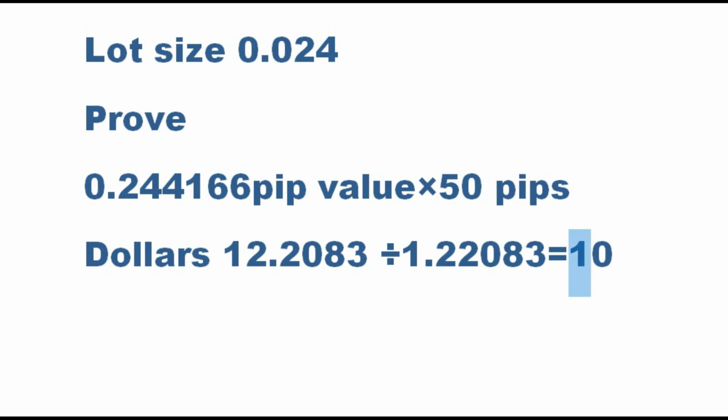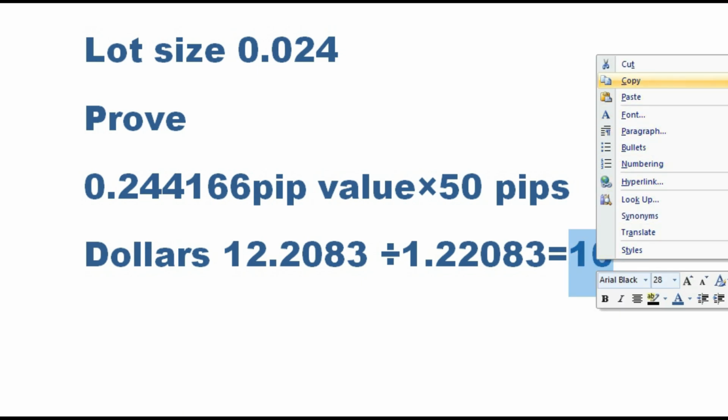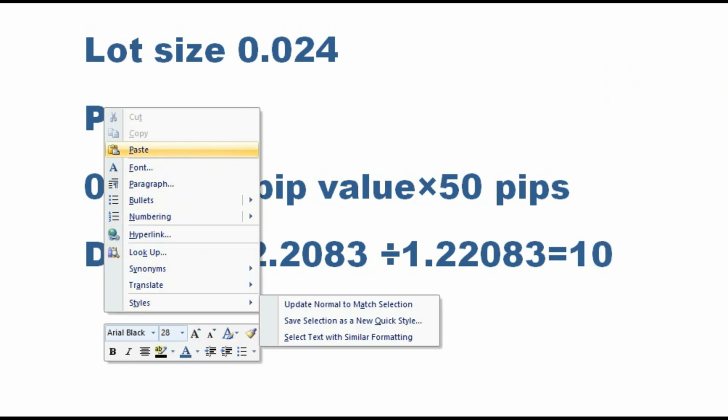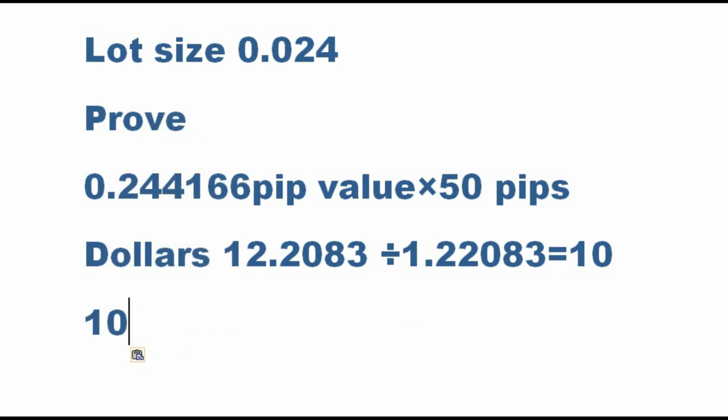The value we get is 10. You see, the formula is just proving itself right away. And that means we are just losing our 10 pounds. 10 pounds per trade is what you have at risk.